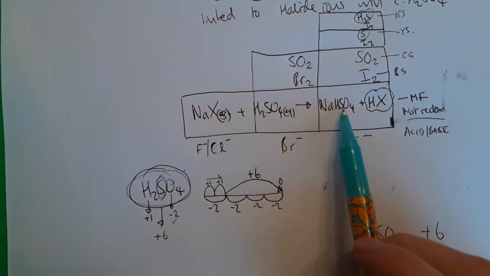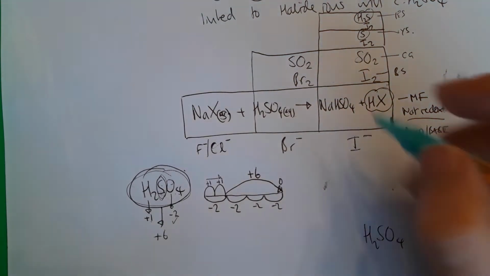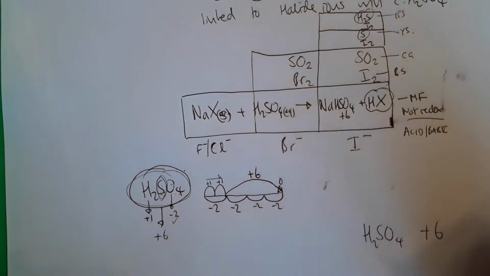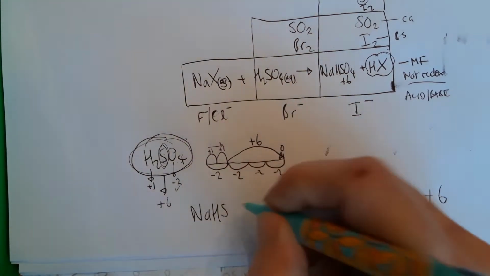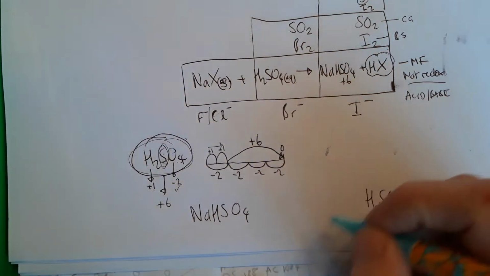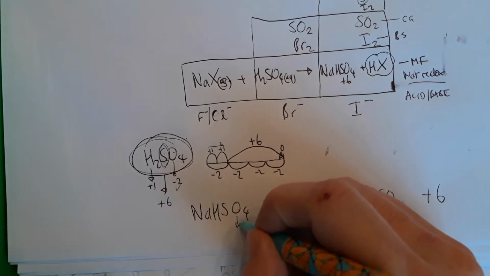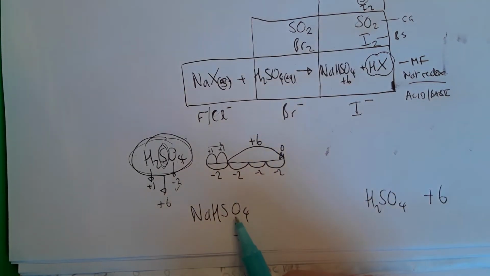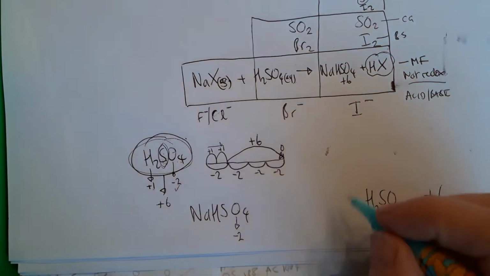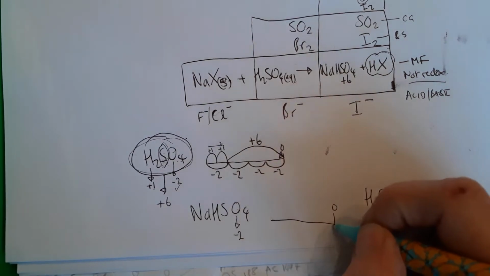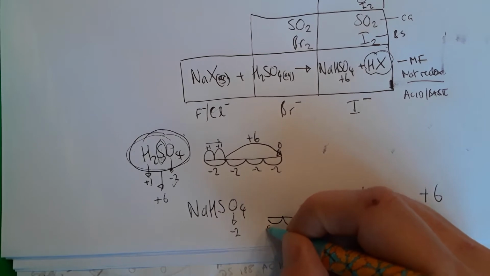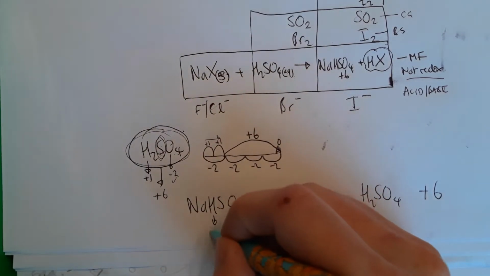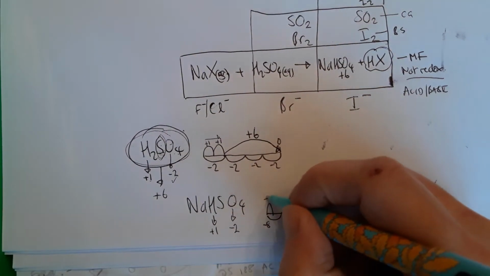In NaHSO4, the oxidation state is still +6, and I'm going to prove that to you now. NaHSO4, well, what have you got? You've got 4 oxygens. You've got 4 lots of -2. The oxidation state of oxygen is -2. So that will take you -2, -4, -6, -8. Okay, so I'm on -8 now because of my oxygens. I've got 1 hydrogen, which is +1.